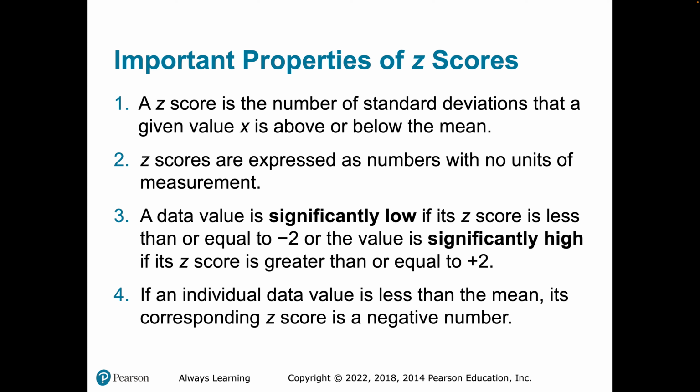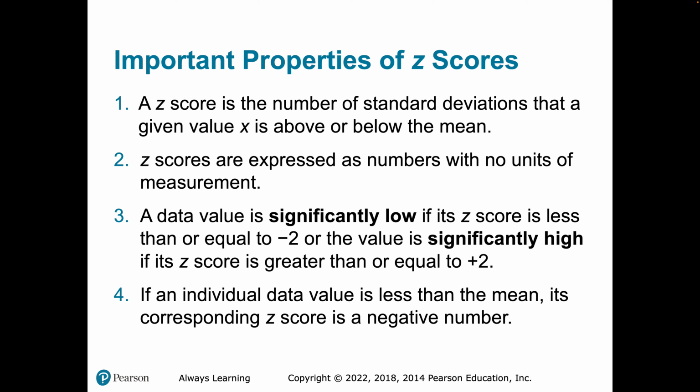Important properties of z-scores. Again, a z-score is the number of standard deviations that a given value is above or below the mean. If z-scores are positive, big stuff here, make sure you tattoo this into the brain. Very important: positive z-scores indicate that a score is above the mean. A negative z-score indicates that the score is below the mean.